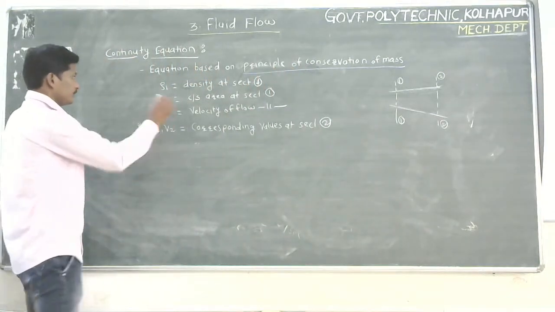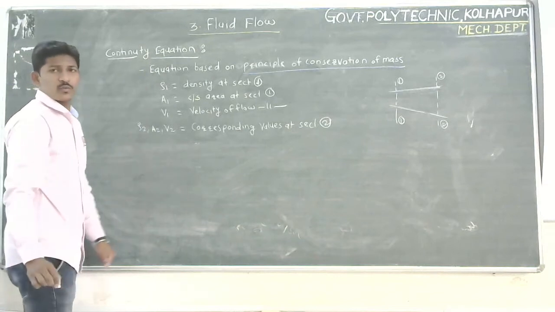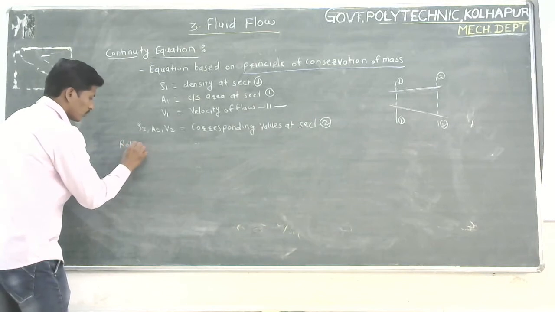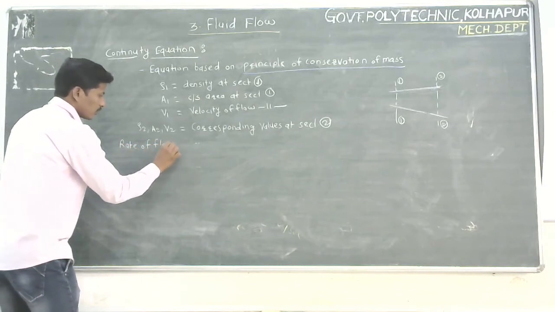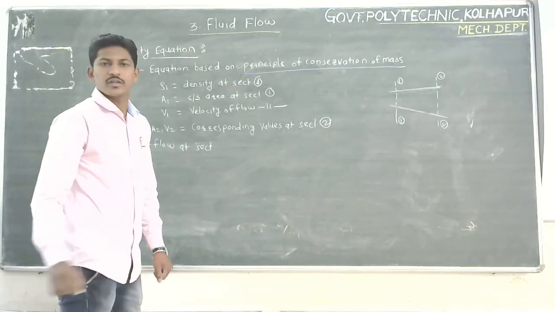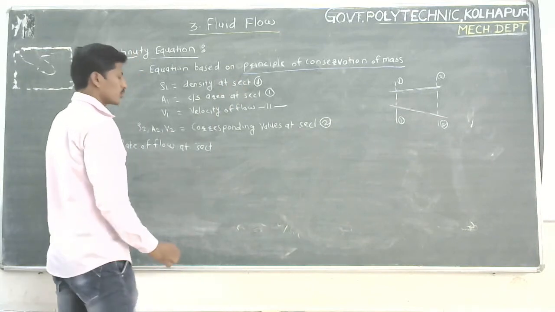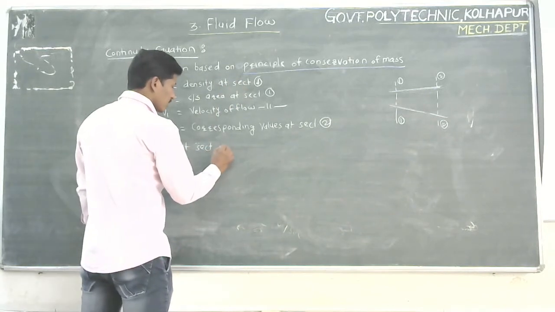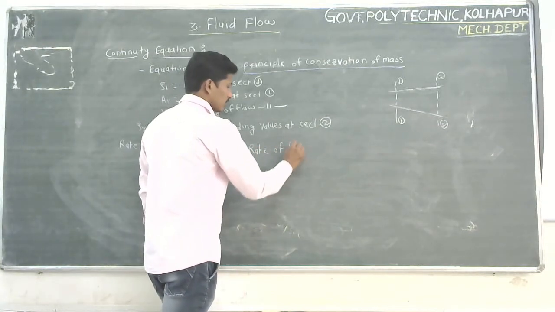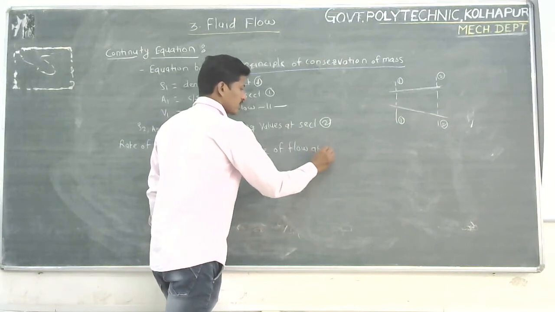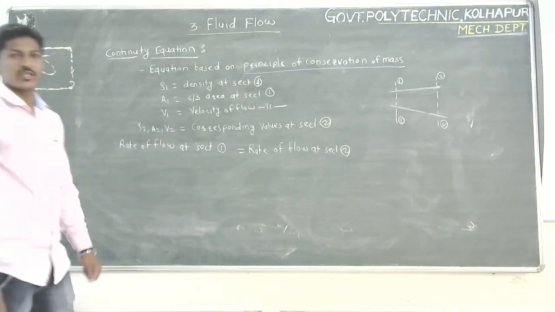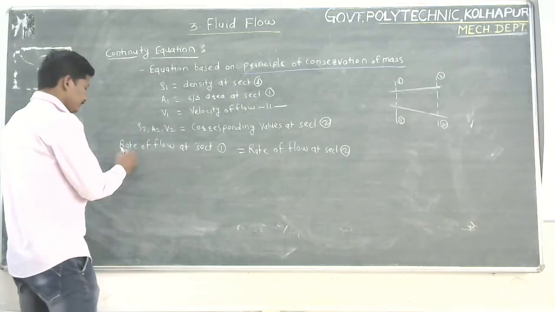Next, as per the continuity equation, as I have told, the rate of flow at every section, or at every point throughout the channel, is the same. Now we have considered two sections. So the rate of flow, or discharge, at section 1 is equal to the discharge at section 2, right?